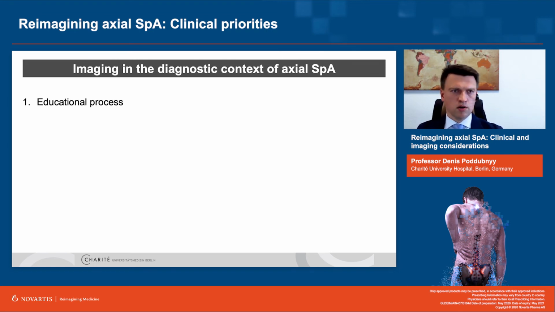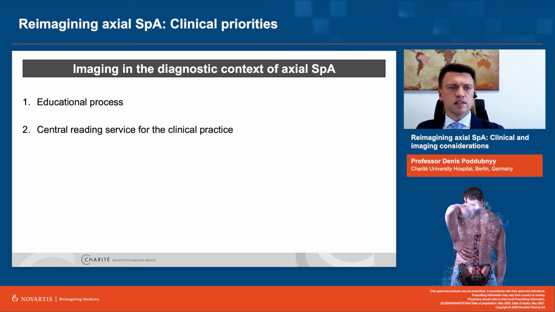We also learned a lot over the past 10 years about how to differentiate between inflammatory and non-inflammatory changes. A central reading service for clinical practice might be another option, especially for centers not specialized in axial spondyloarthritis. And another potential option could be the introduction of artificial intelligence and machine learning.